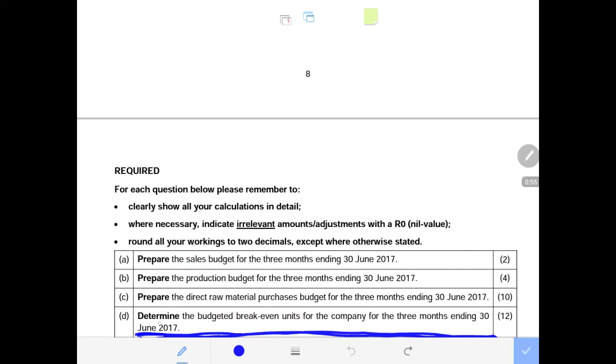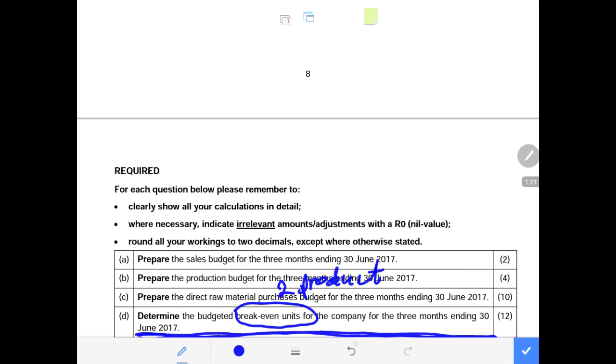Then after, we are to determine the budgeted break-even units for the company for the 3 months period ending 30 June 2017. And also highlight the fact that the break-even units are for two products, because break-even point for one product is very simple.